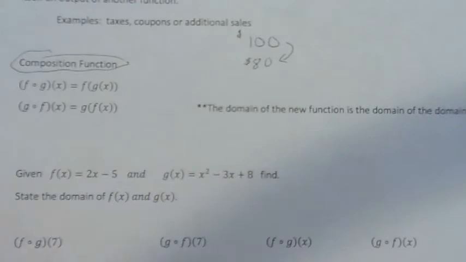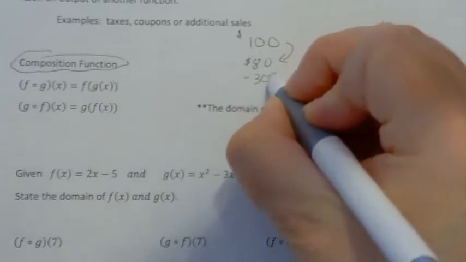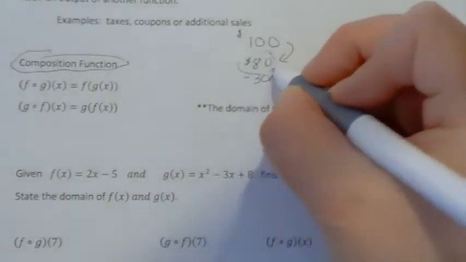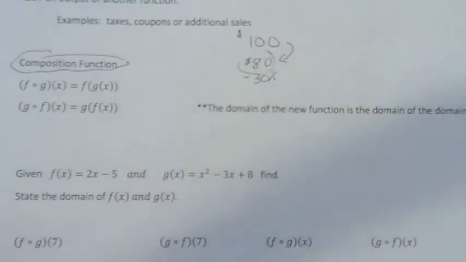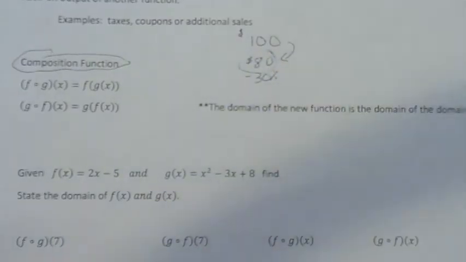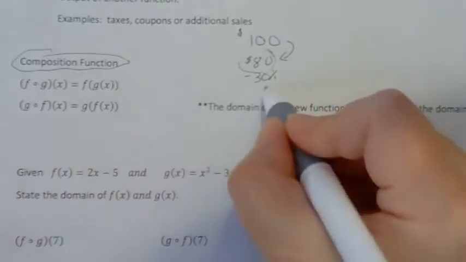But then you have an additional coupon for 30% off. So you would do 30% of this number, which really is not going to be the same thing as 20 plus 30. So let's think of what 30% of 80 would be. 70% would be $56.